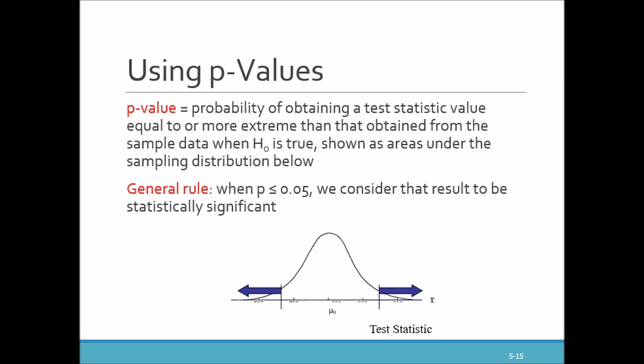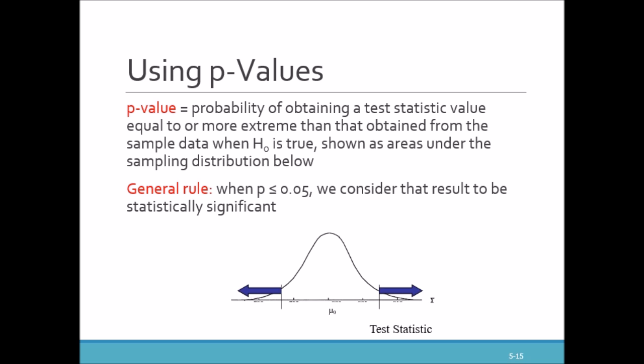So p-values can be chosen by the researcher, but generally we set p at our alpha level of 0.05. So if you obtain a p-value less than 0.05, we can generally conclude that we have statistically significant results, and we can reject the null hypothesis in favor of the alternative.